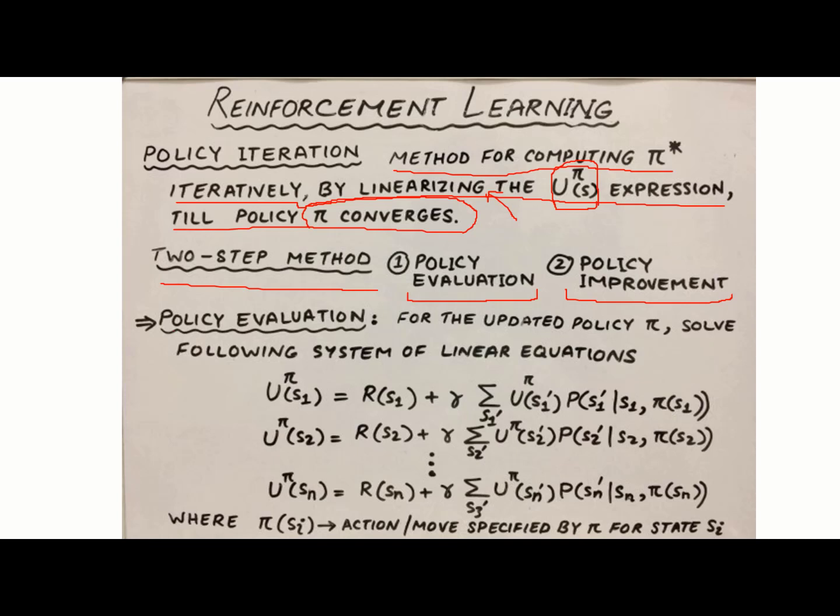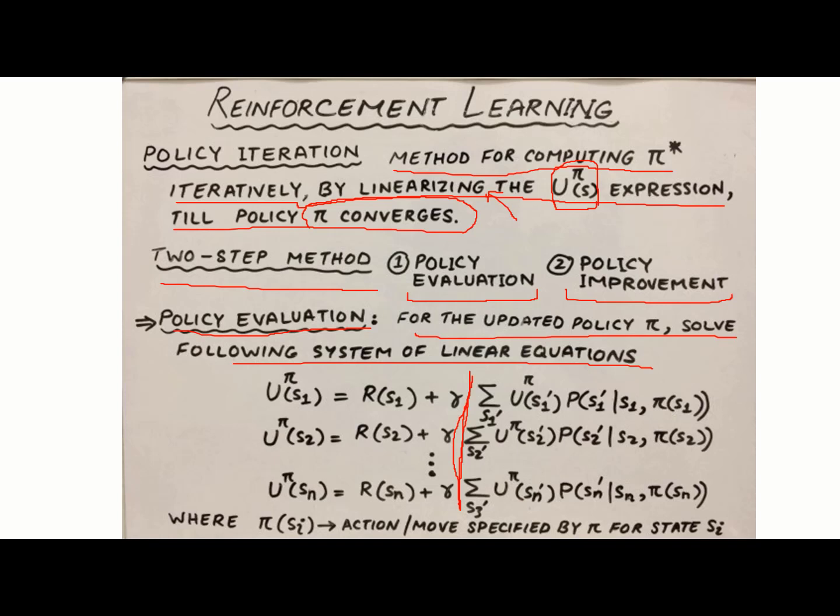So in the policy evaluation step, we are going to update the policy by first solving the system of linear equations. In order to make the system linear, we are going to drop the max. So you notice that there is no max operator here. The max operator has been dropped.